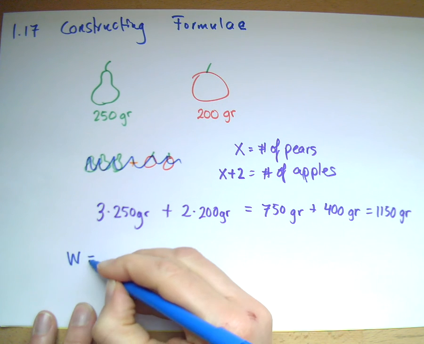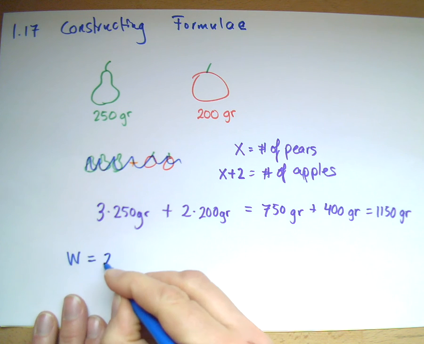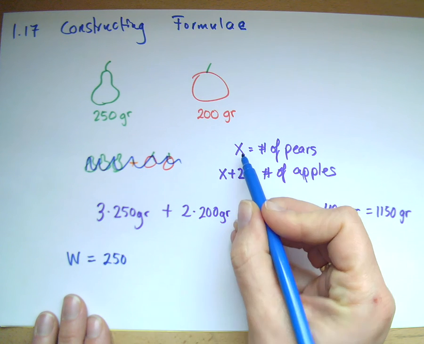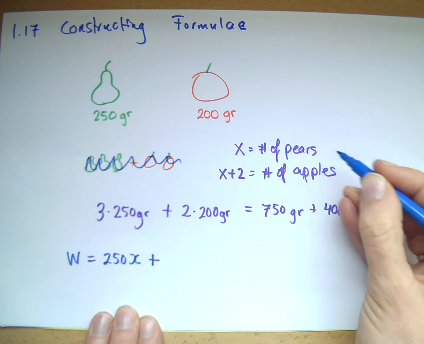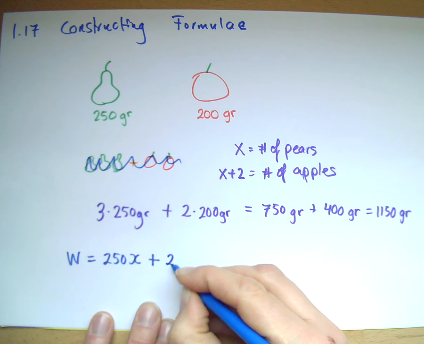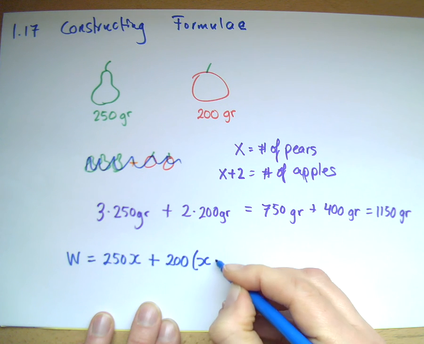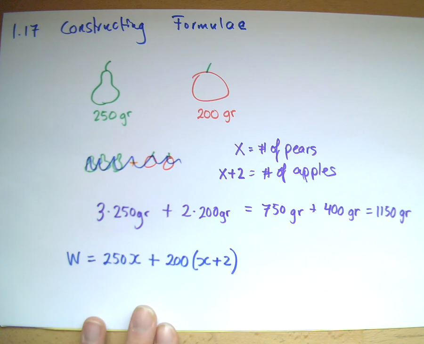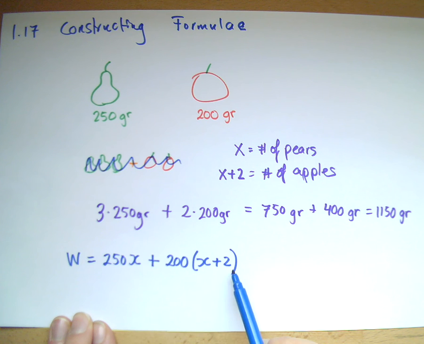So the final weight, let's call that W, is going to be 250 grams times X, plus the weight of the apples, which is 200 grams times the number of apples, which is always X plus 2. So no matter how many pears we get, we plug that in for X and it'll tell us how much it's going to weigh. But we're not done because we can simplify this, right?